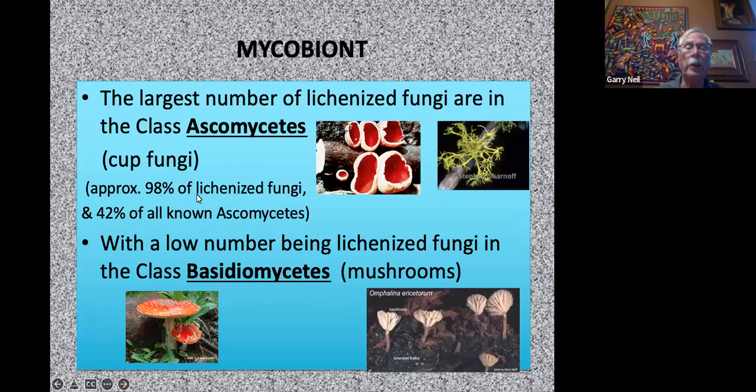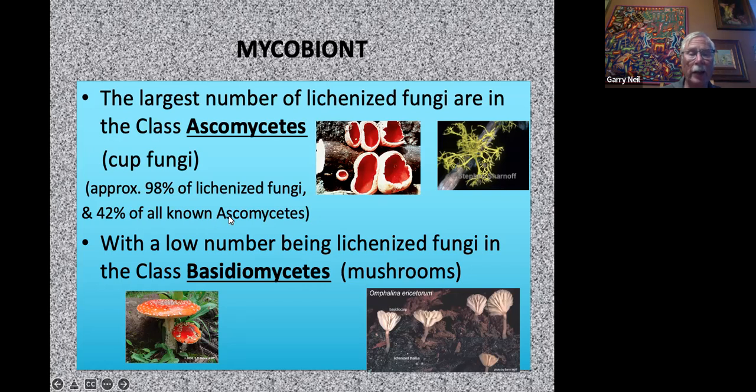Okay, so the largest number of lichenized fungi are the Ascomycetes, about 98%. Overall, the fungi of Ascomycetes can live on their own, a certain number of genera, et cetera. But of all the Ascomycetes that we know of, 42% are lichenized.